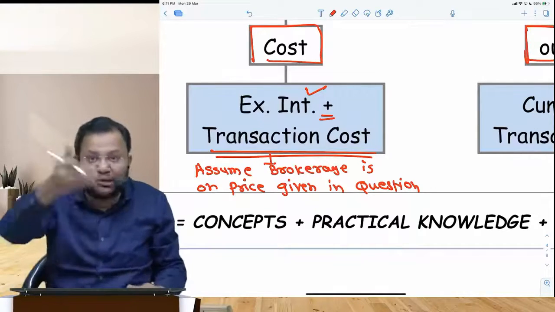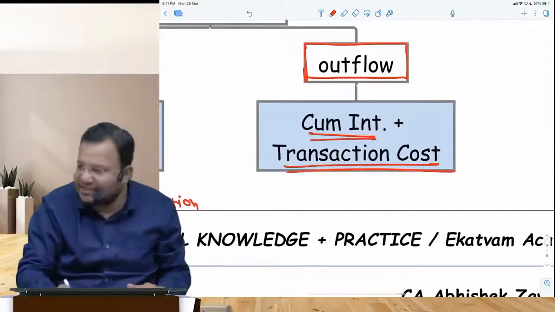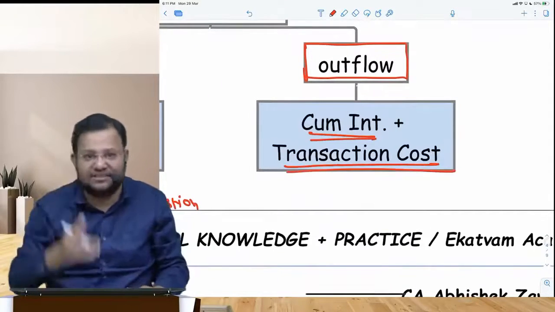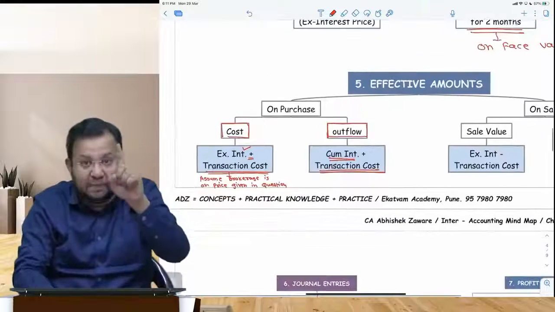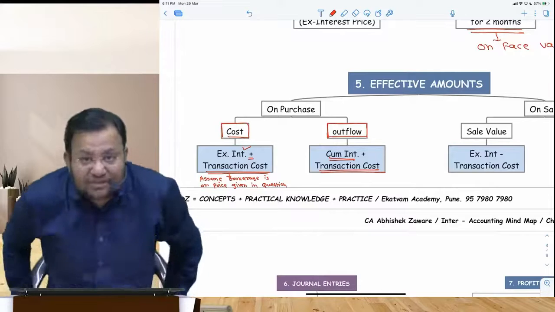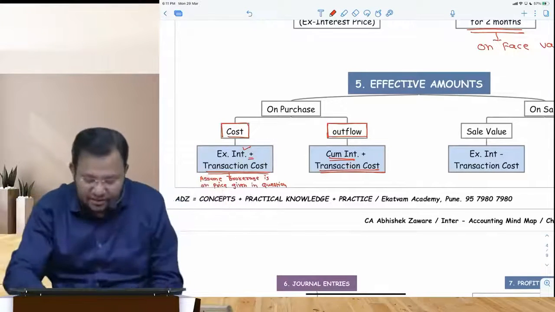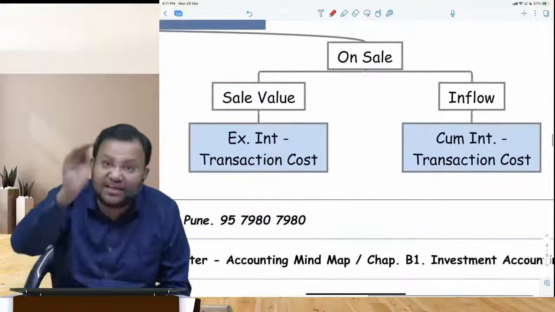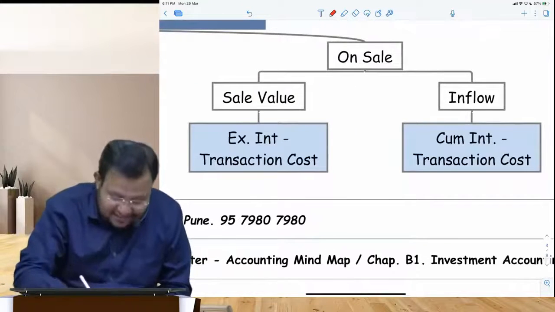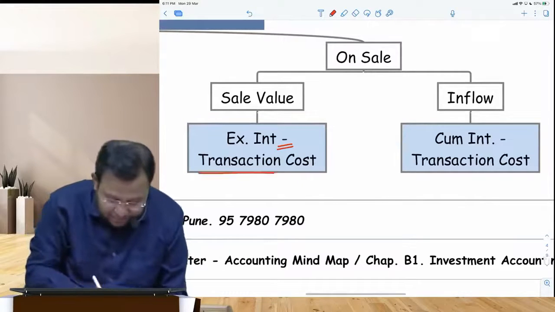But the money that goes from your bank account is cum-interest price plus the transaction cost, because you have to pay the interest. The interest paid by the buyer to the seller is not a cost to the buyer because it is going to be reimbursed. It's like an input tax credit. When you sell, your effective sell value is ex-interest minus transaction cost, that is brokerage.